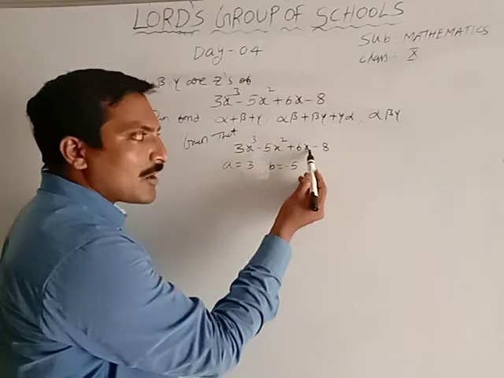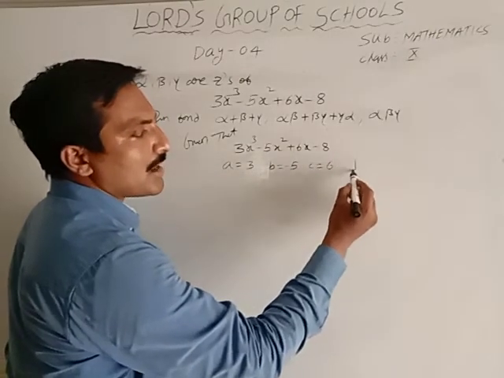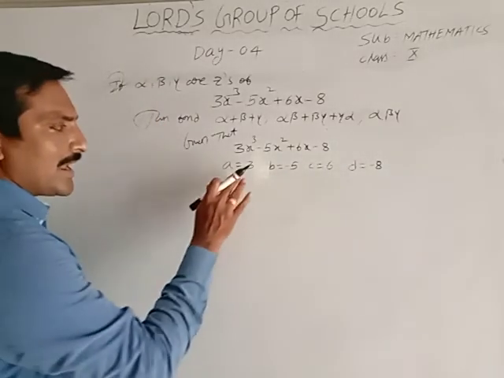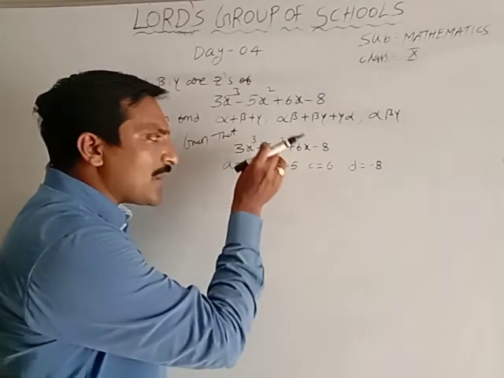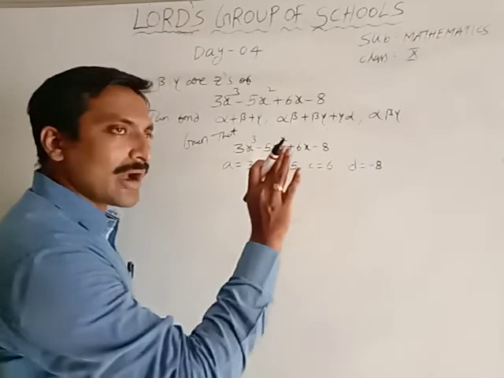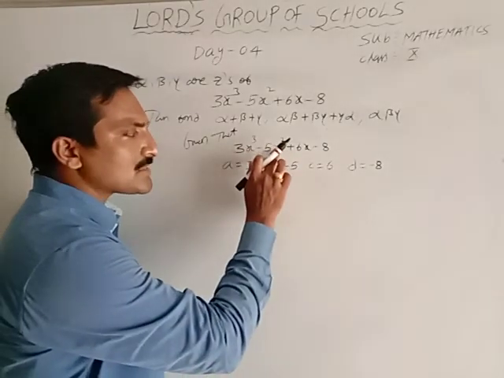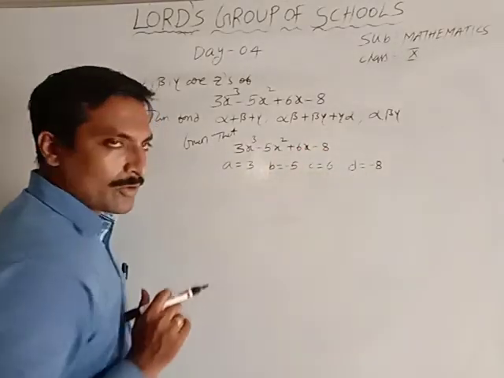The coefficient of x is c, equal to 6. The constant term d is minus 8. In this case, if any term is missing, that particular value has to be taken as 0. Here x cube, x square, x and the constant are all present, so we got all the values.